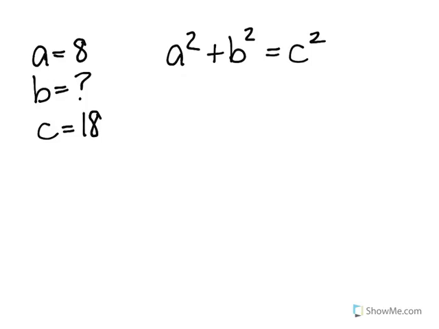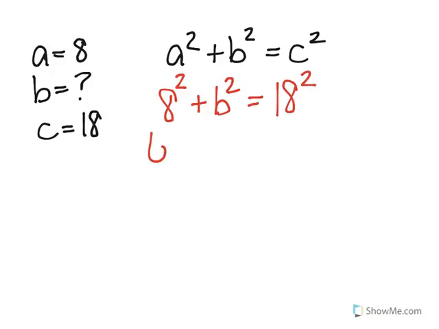Just like when we were finding the hypotenuse, this time we don't know what B is. So we can go ahead and substitute our values in, put in 8 for A, so we have 8 squared plus B squared equals 18 squared. 8 squared is 64 plus B squared equals 18 squared.